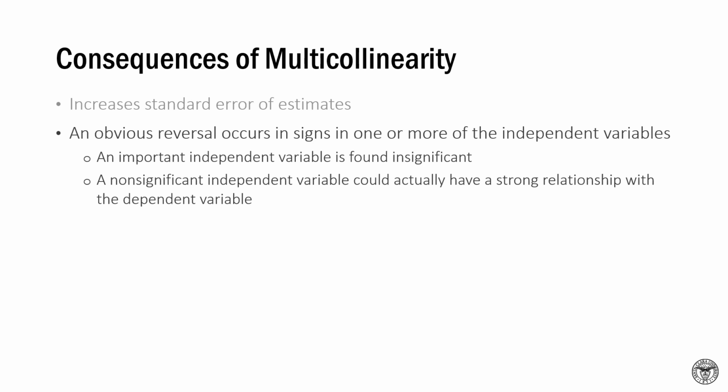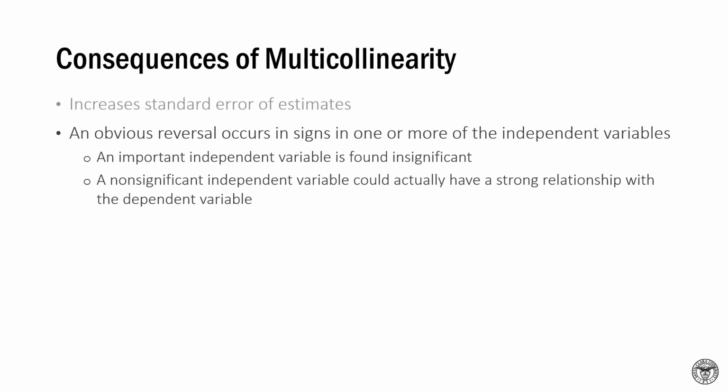When multicollinearity is present, the estimated regression coefficients may become unstable or inaccurate, rendering them unreliable predictors of the true underlying relationship between the independent variables and the dependent variable.